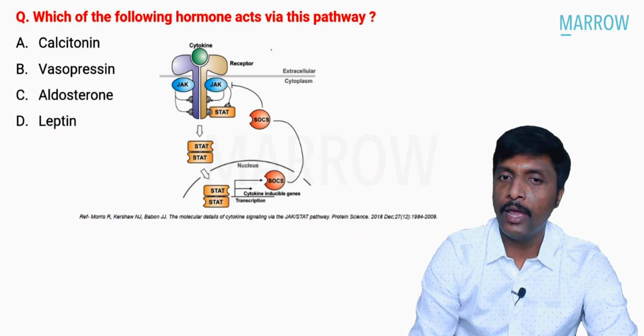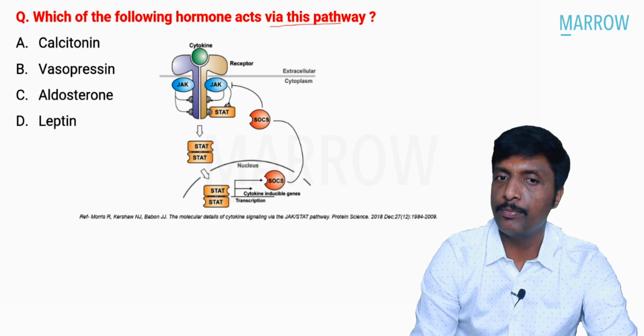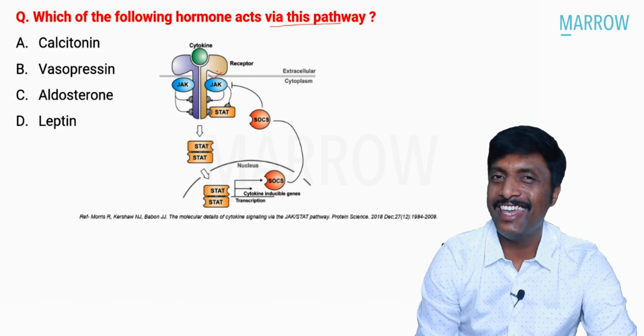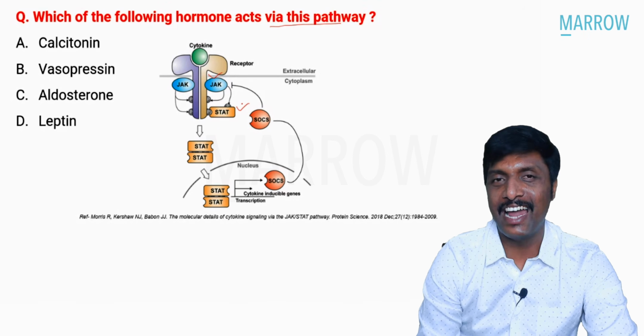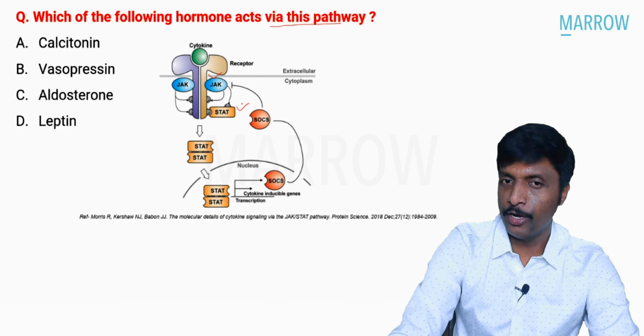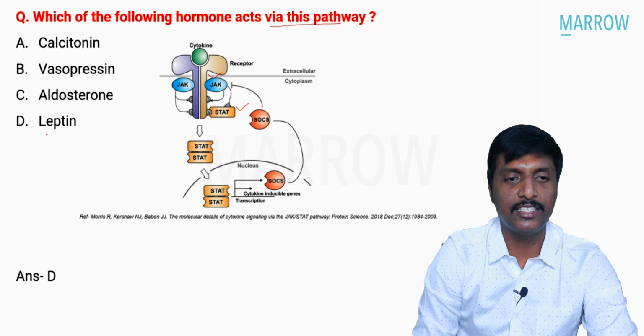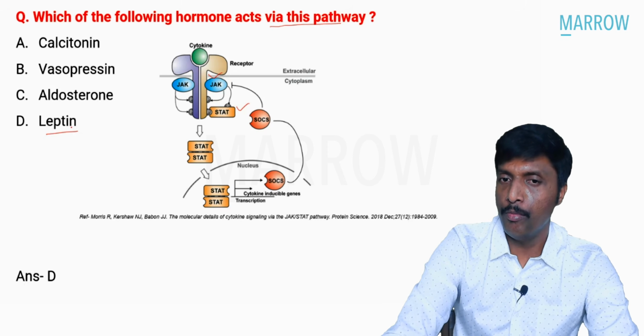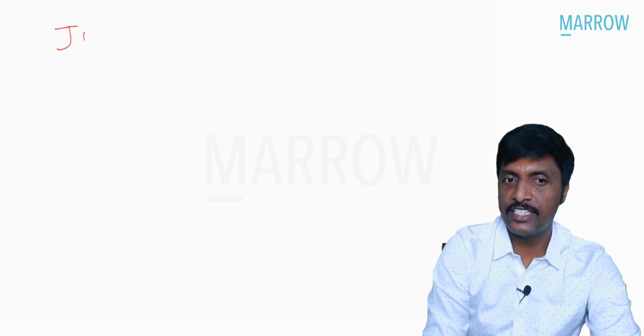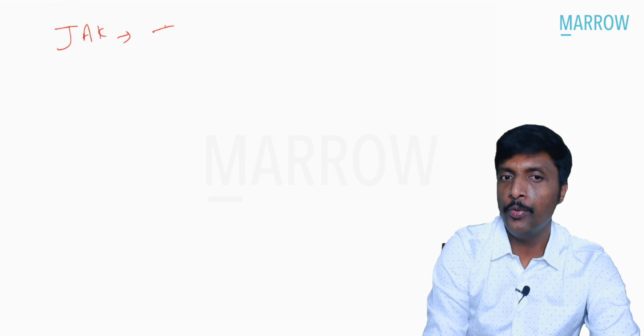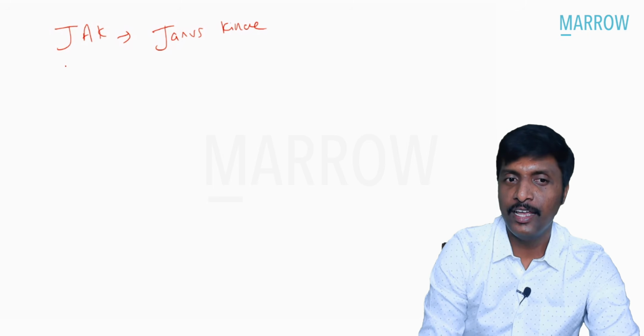Which of the following hormone acts via this pathway? What is this pathway, sir? JAK, Janus kinase, STAT. A very important concept, guys. Look very carefully. The answer for this question is leptin. Most important first point. What does JAK stand for, sir? We all know, Janus kinase.